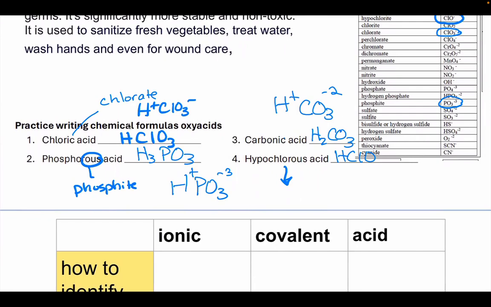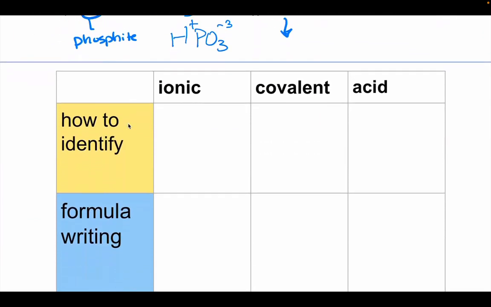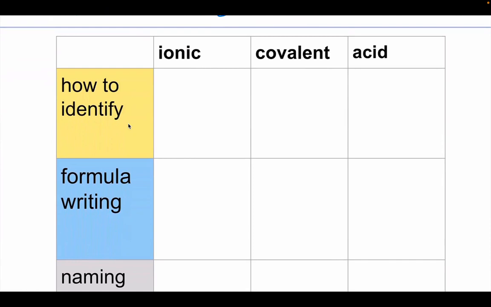So that is it for the lesson. But what I want to talk to you about is the harder part is kind of putting this all together, mixing up the ionic, covalent, and acids, and knowing how to name and write their formulas. So ionic compounds, the first thing you have to be able to do is just look at a compound formula and know what type it is. Ionic is always going to be a metal and a nonmetal, or there's going to be a polyatomic ion.